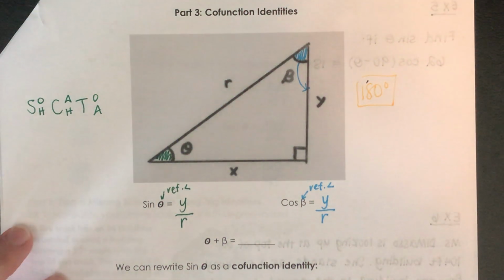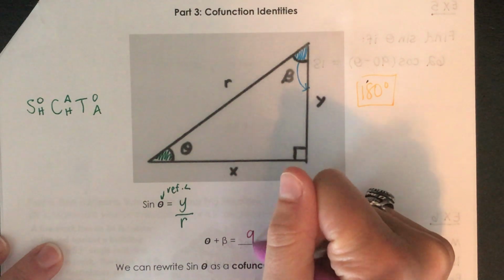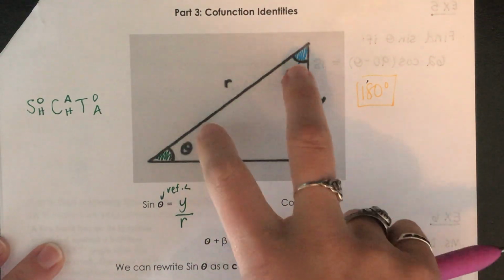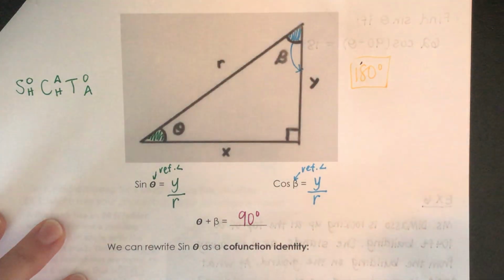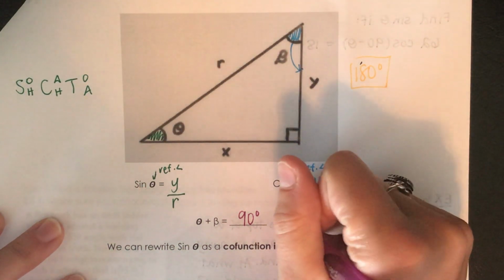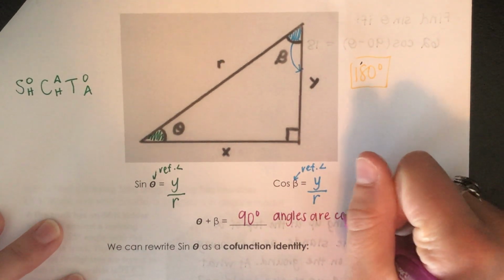So both of these angles, when added together, give me 90 degrees. So theta and beta are called complementary angles. Complementary means they add up to 90. So the angles are complementary.